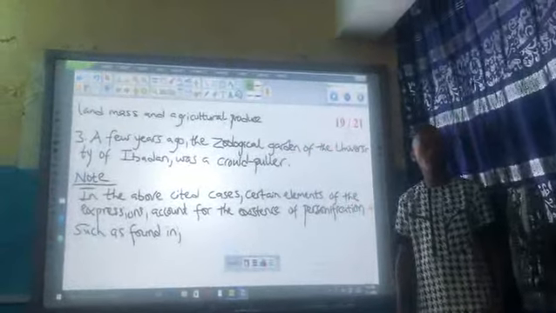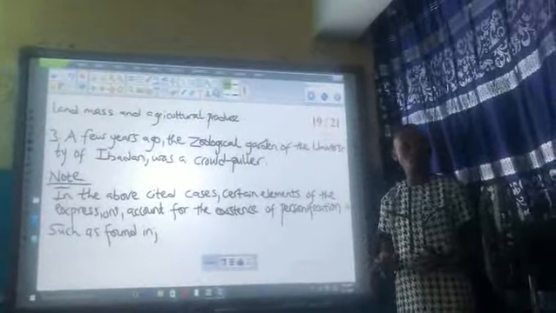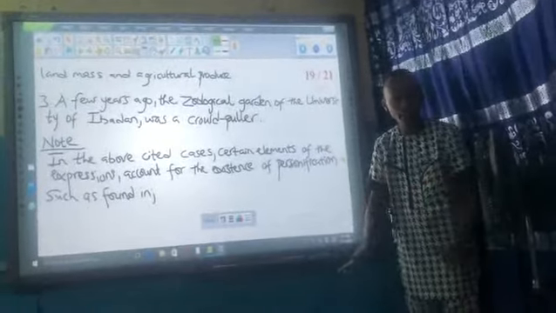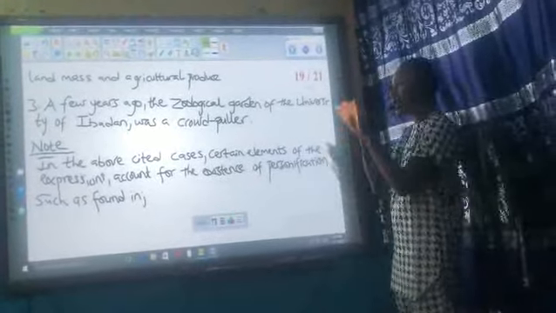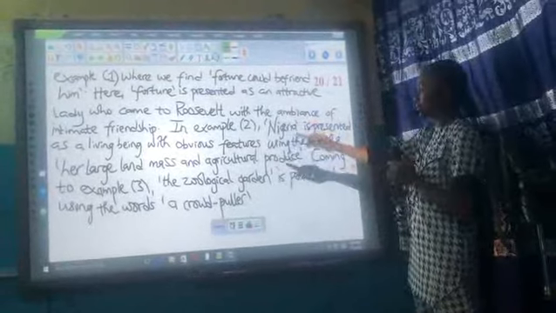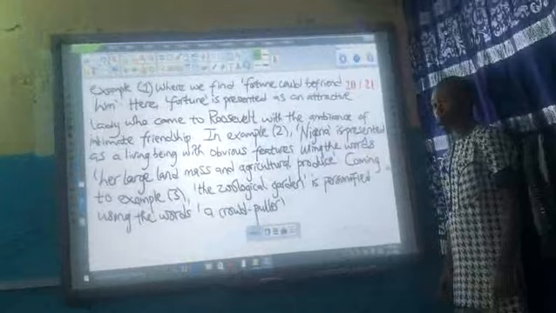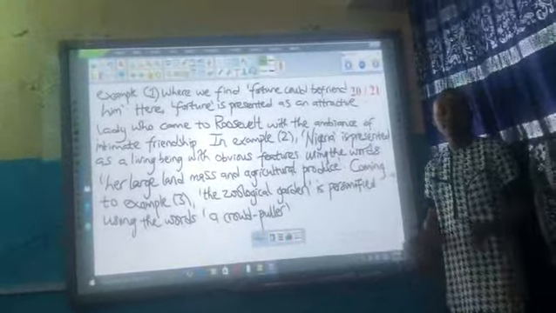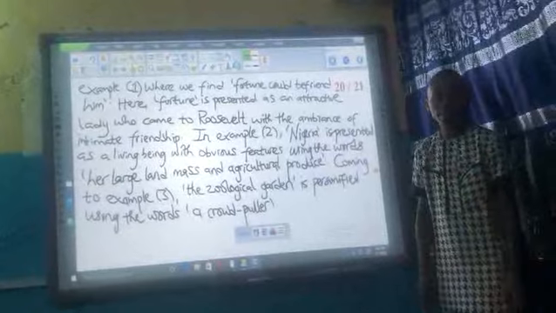That is what makes the specification. Unlike "Nigeria, the giant of Africa," there's nothing about specification there. But when we now include her large landmass and agricultural produce, that's now what brings specification to light.